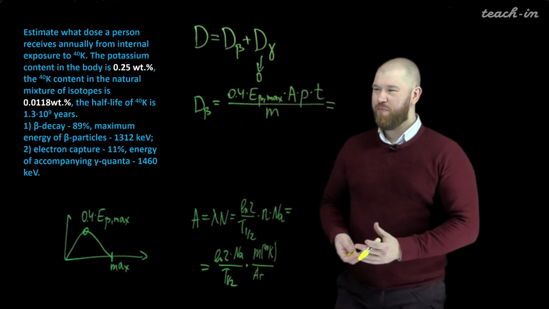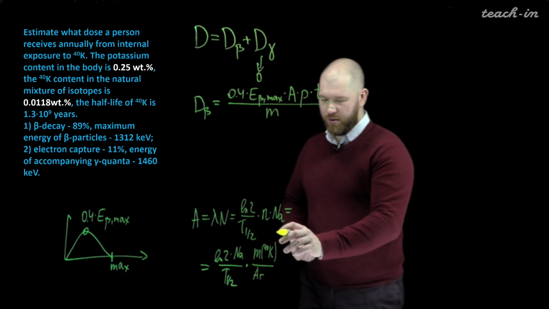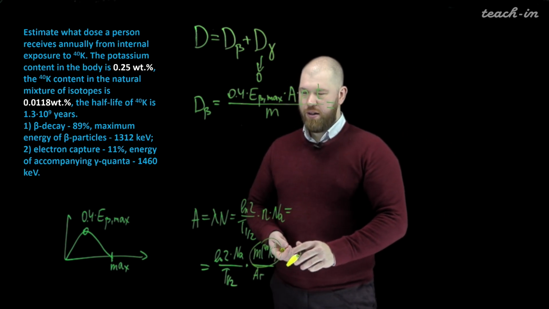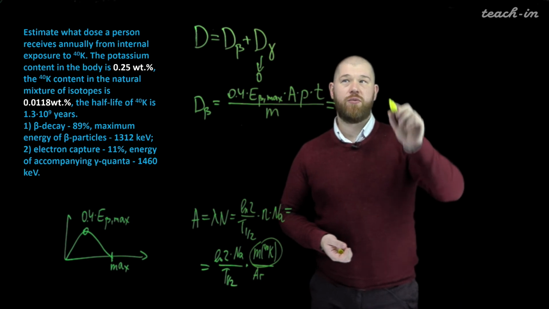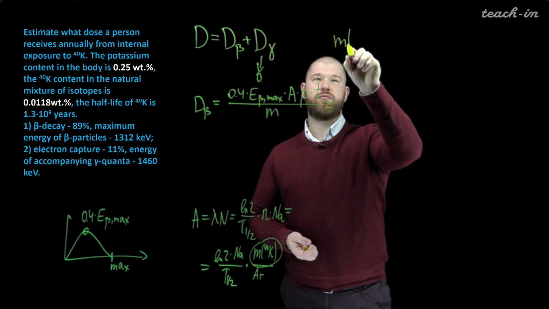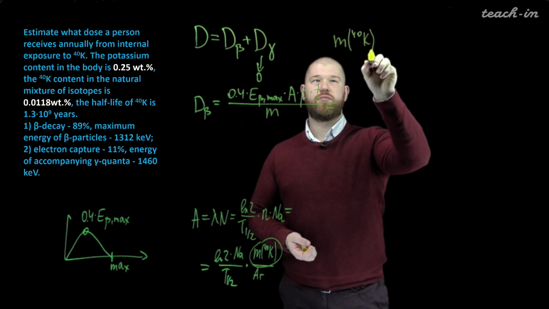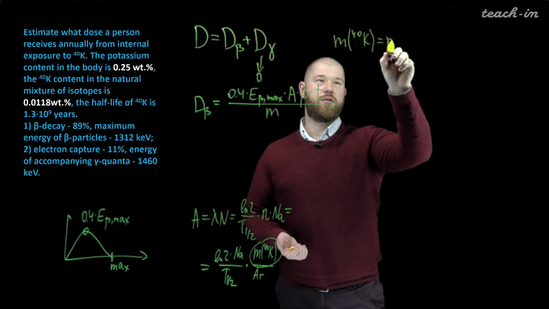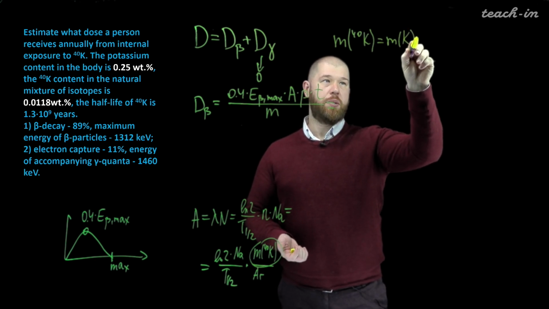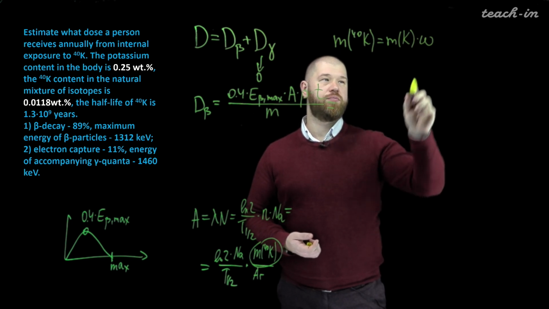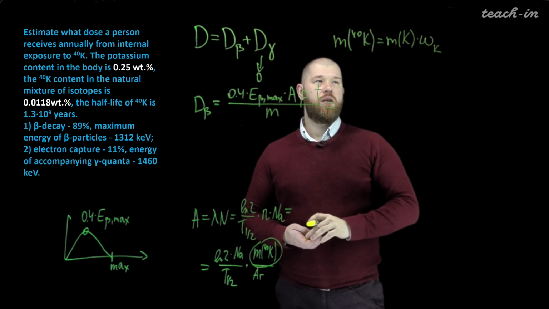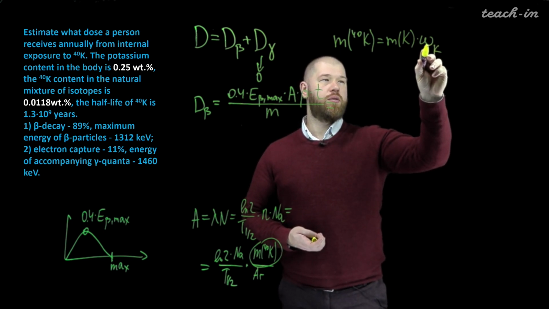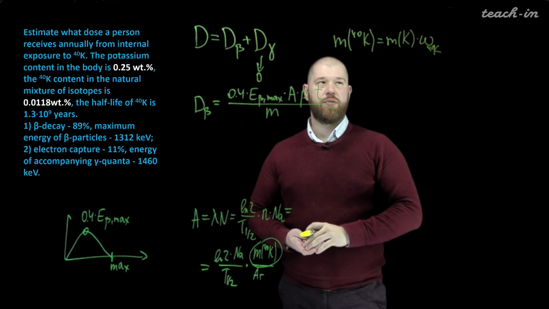Okay, and now what is the mass of potassium-40? The mass of potassium-40 is the mass of potassium multiplied by the fraction of potassium-40.